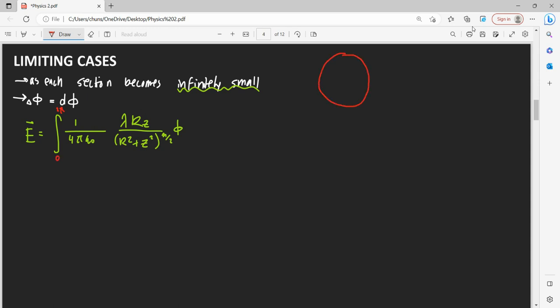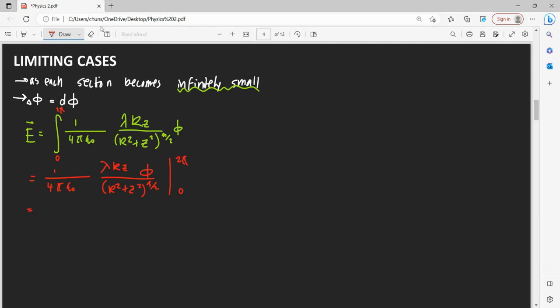Because when we have our whole circle, we want to go around the whole thing from 0 to 2 pi. So when we write this out, that will give us our z integrated from 0 to 2 pi of r squared plus z squared to the power 3 over 2.